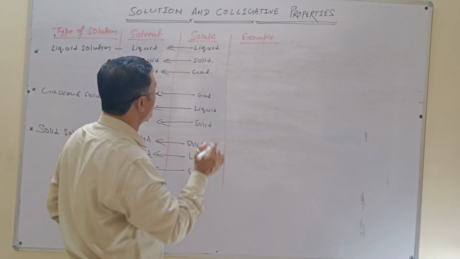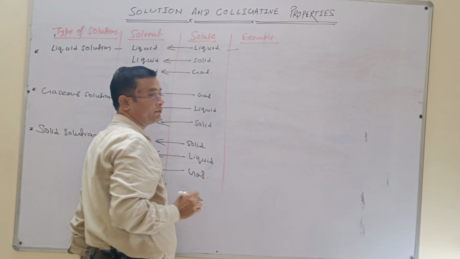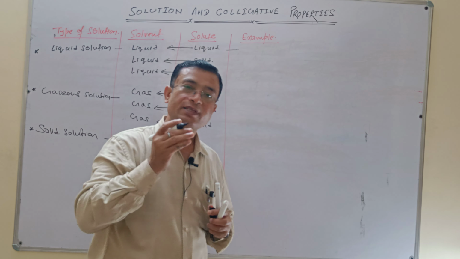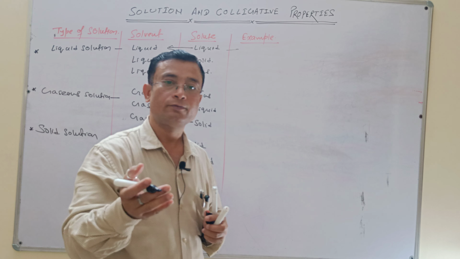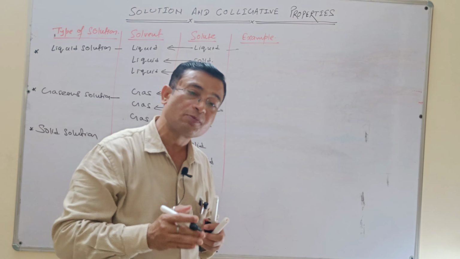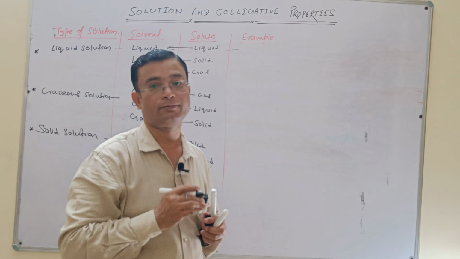If you see the example, what is the example of liquid dissolved in the liquid? Then ethanol in water. If I am saying ethanol in water, then ethanol is dissolved in the water, ethanol is present in the smaller quantity, therefore ethanol is the solute and water is the solvent.